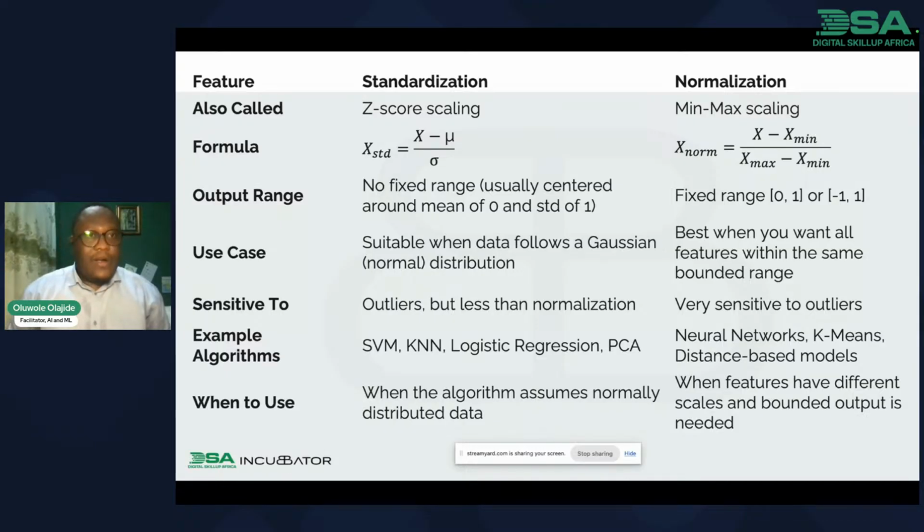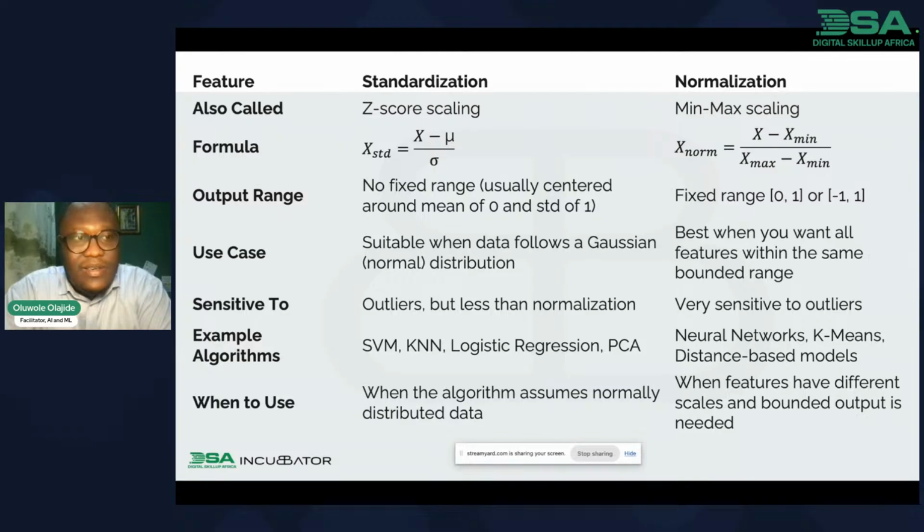Okay. All right. So I just did a differentiation between standardization and normalization so that you can look at it very well. You can go back and check on this also. I think this will help you know when I'm using my Z-score scaling and when I'm using my min-max scaling. Z-score is standardization, min-max is scaling.